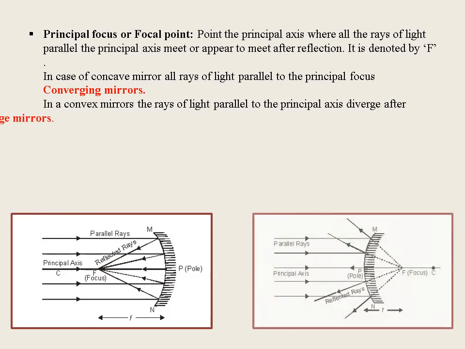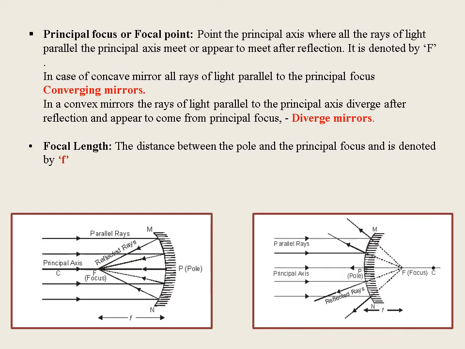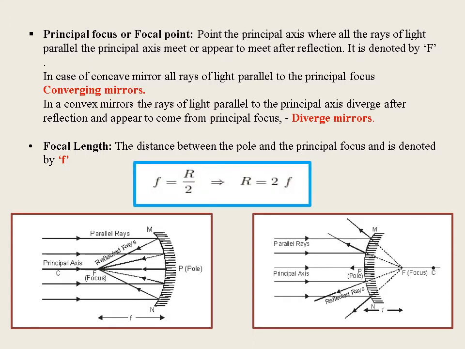In convex mirrors, the rays of light parallel to the principal axis diverge after reflection and appear to come from the principal focus, so they are called diverging mirrors. Focal length. The distance between the pole and the principal focus is denoted by f, which is called the focal length. f is equal to r by 2, which implies r is equal to 2f.